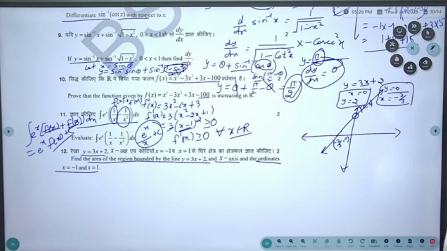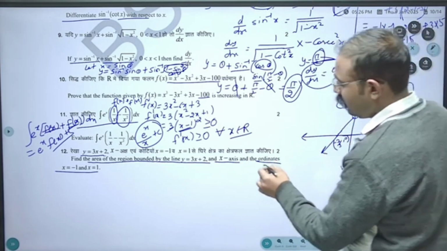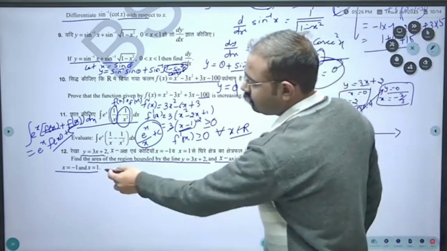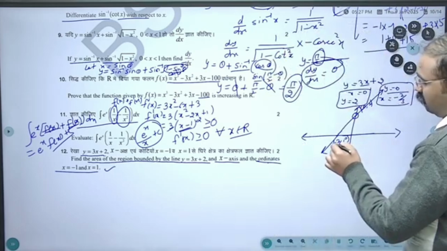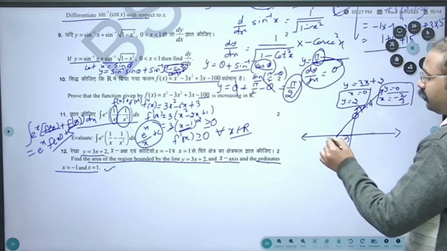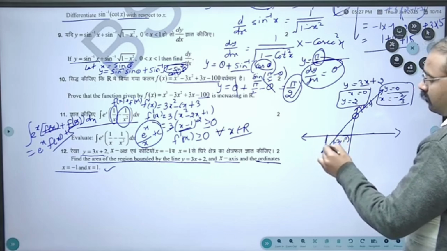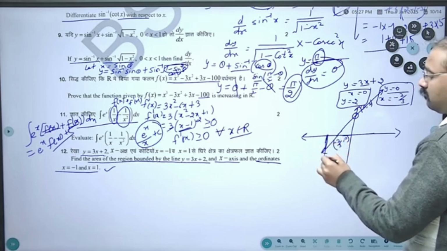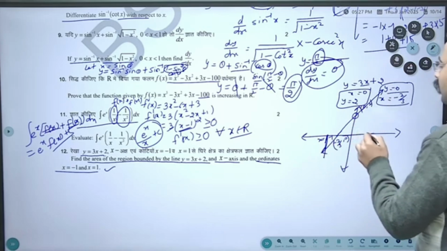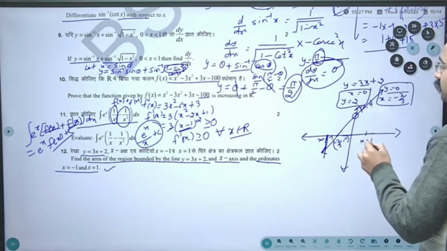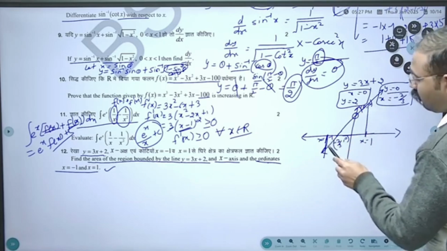One more thing, this is the x-axis, and the ordinates x is equal to -1 and x is equal to +1. x is equal to -1 we will have here. Suppose this is x is equal to -1, and here we have x is equal to +1. So we have to find the region bounded by this.